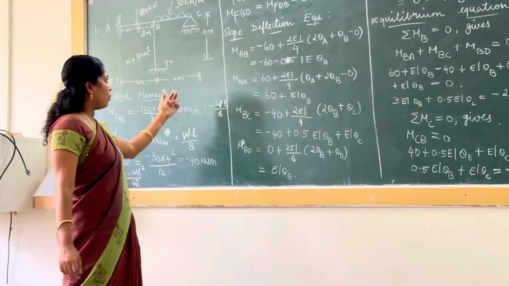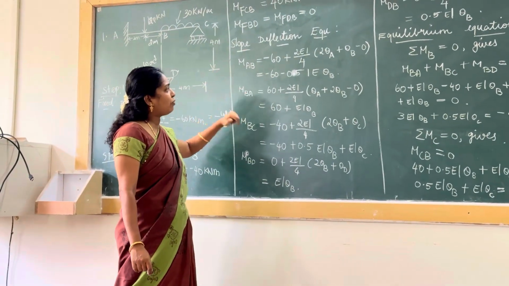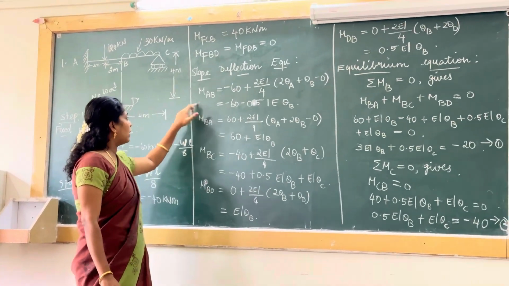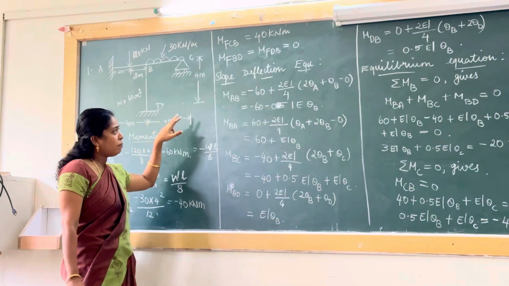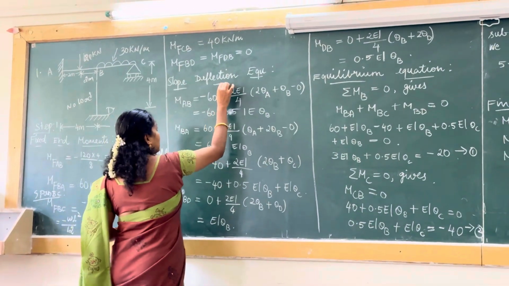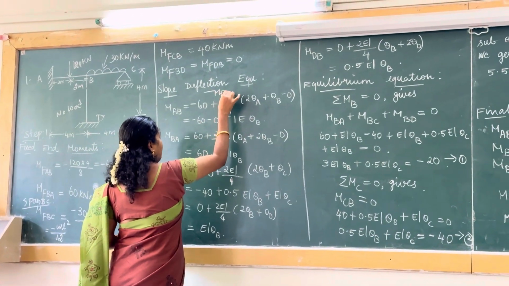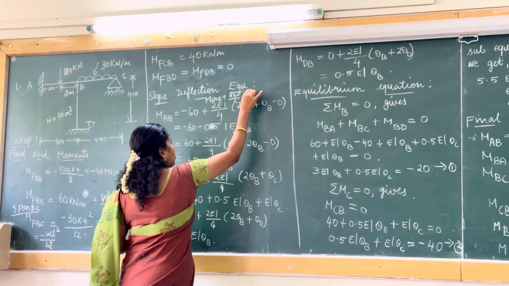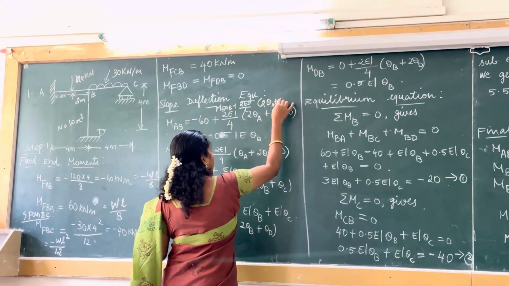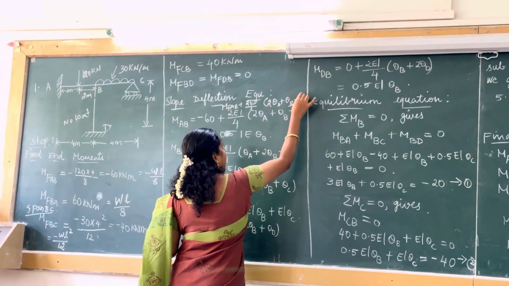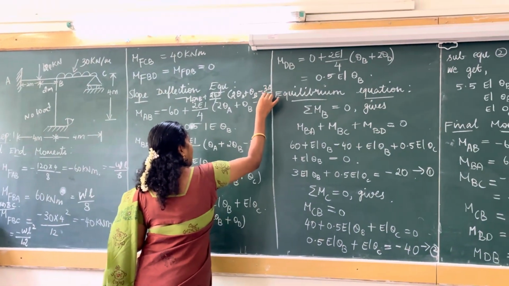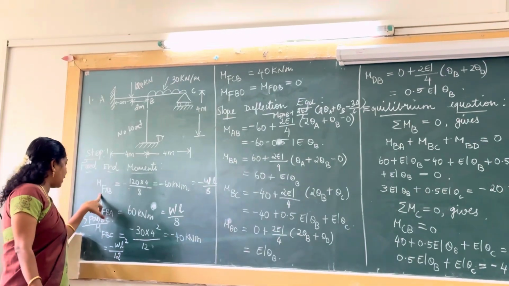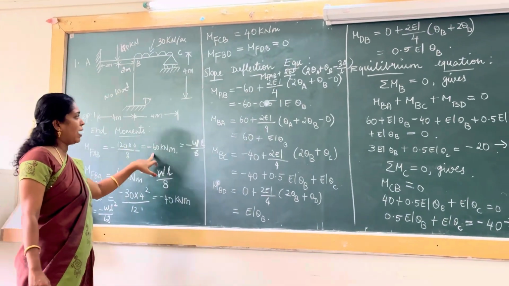In step 2 we are going to calculate the slope deflection equations for each span. First we will consider the span AB. The formula is fixed end moment of AB plus 2EI by L into 2 theta A plus theta B minus 3 del by L. We found the fixed end moment for the AB span as minus 60.